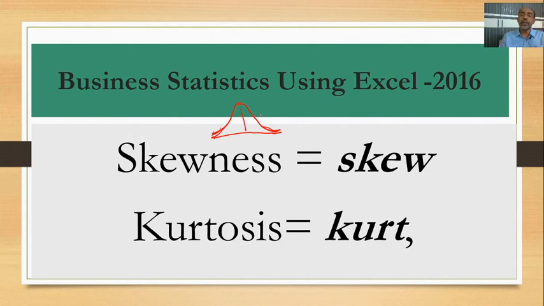That is called symmetry. Okay, if data is not spread in this way, so this side is more and this side is very less, in that case it is called skewed distribution.